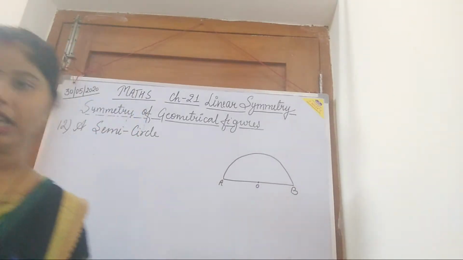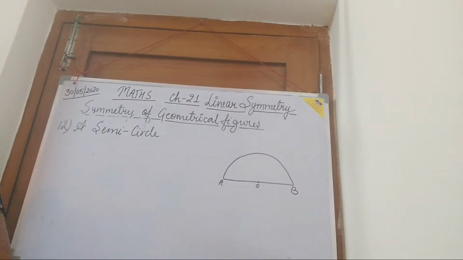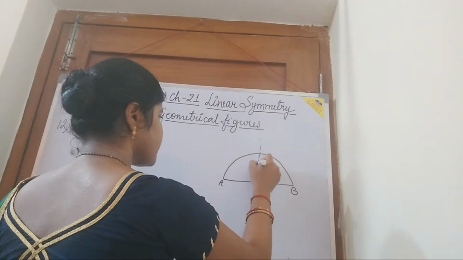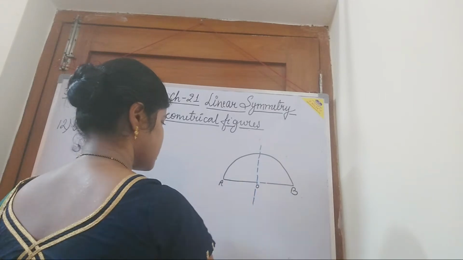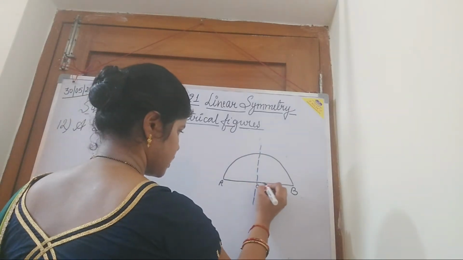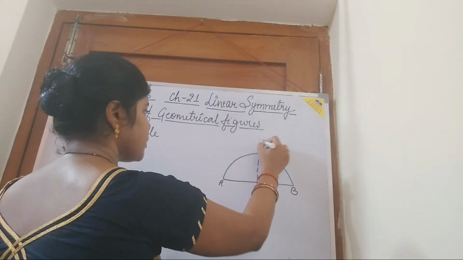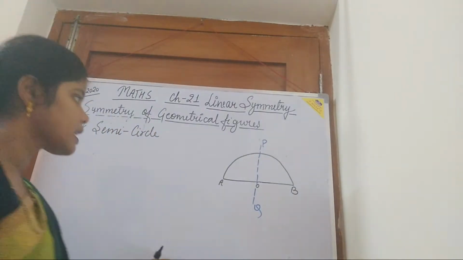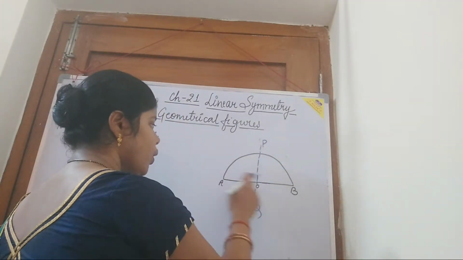The line of symmetry divides this semicircle into two identical parts, so it is the perpendicular bisector which passes through the center of the circle. Here this line of symmetry, name it PQ, divides the semicircle into two identical parts. Here this part POB just overlaps over POA.